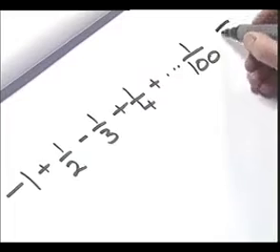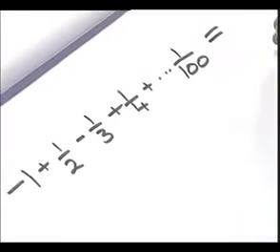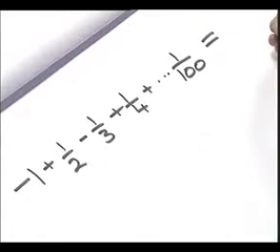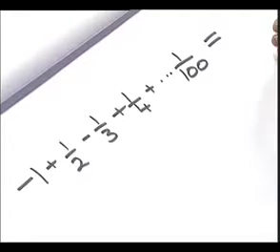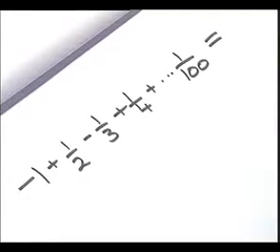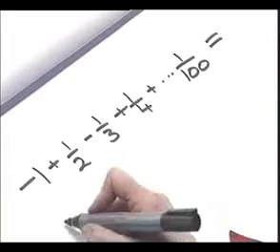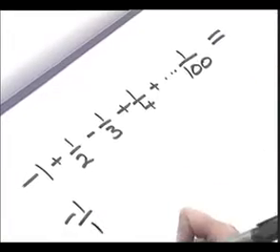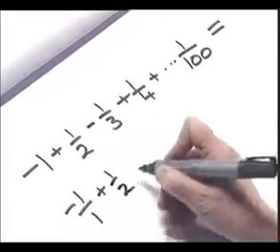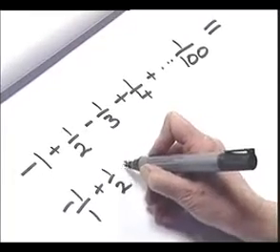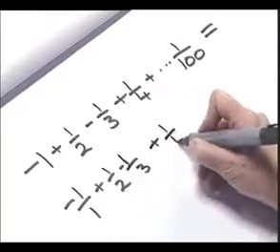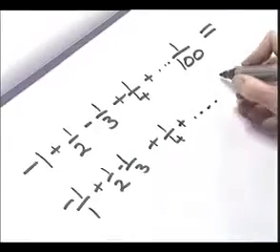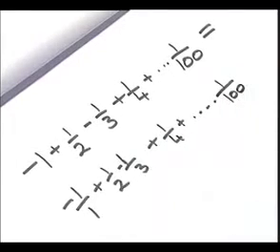Now the trick in this case is to rewrite all of these in terms of fractions and then use -1 to a power. So if we look at this, we can rewrite this as -1 over 1 plus a half minus 1 over 3 plus a quarter plus, and so on, to 1 over 100.